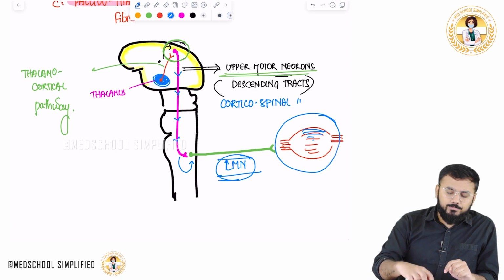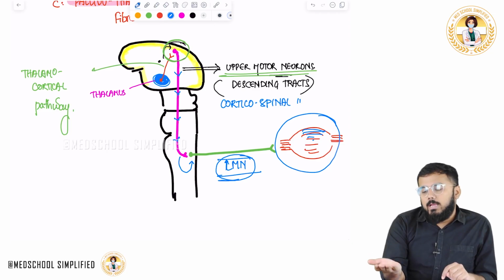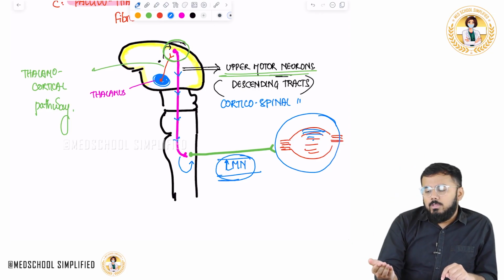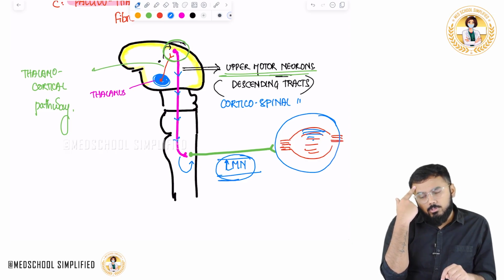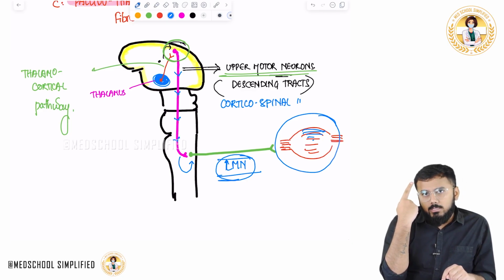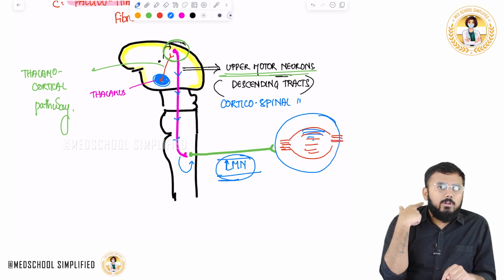For example, let us say my hand is on the table and I wanted to lift my hand. Within a fraction of a second, I got that thought to lift the hand. From my thalamus, all the signals went to the cortex. From the cortex, with the help of descending tracts, which are your upper motor neurons, the information came down to the spinal cord.